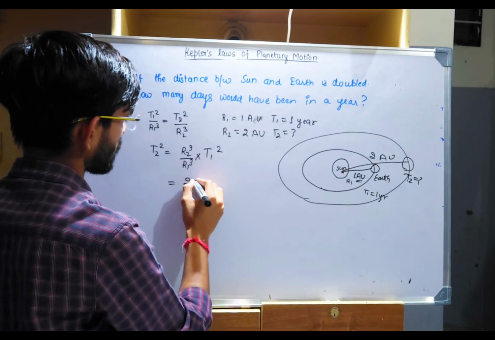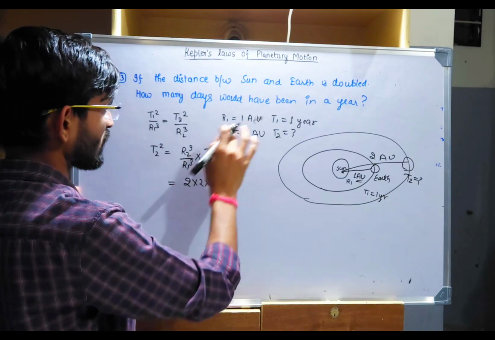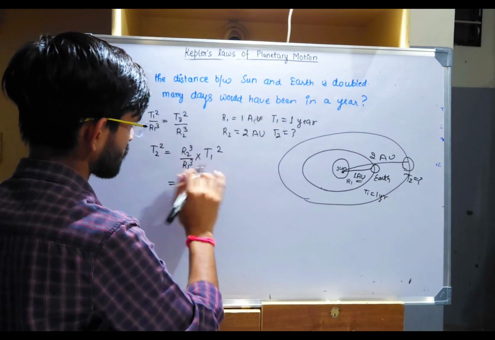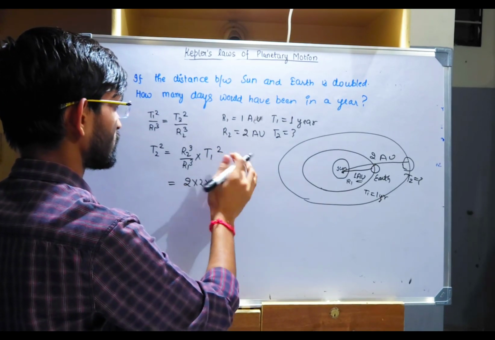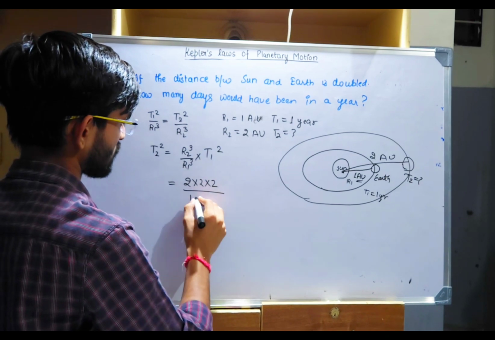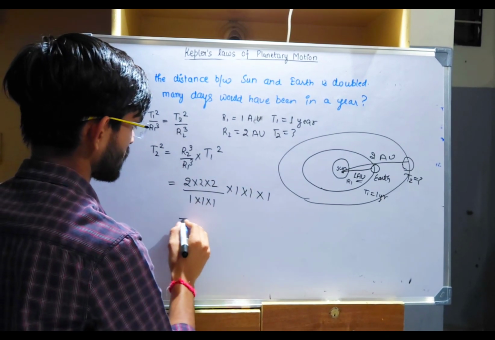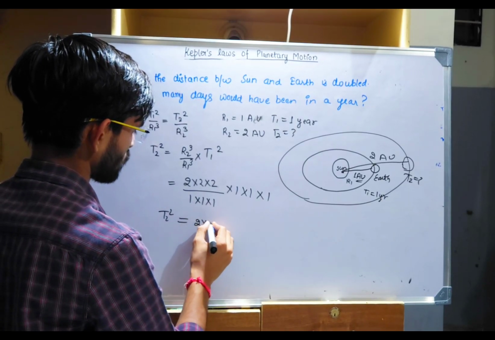2 into 2 into 2, and in denominator 1 into 1 into 1, that will not make any significant change, and T1 is 1, and this will also not make any change in our calculation. So T2 square will be 2 into 2 into 2.